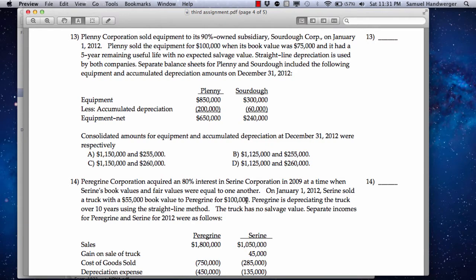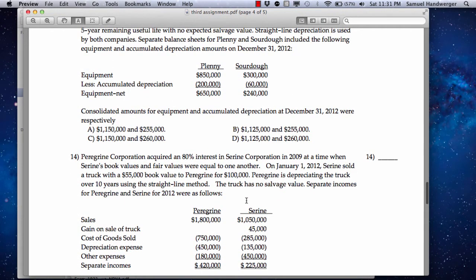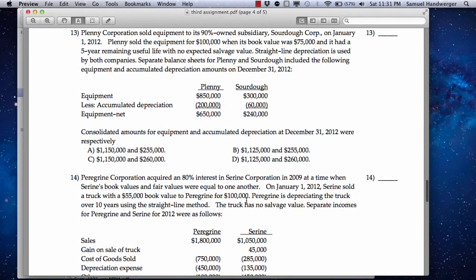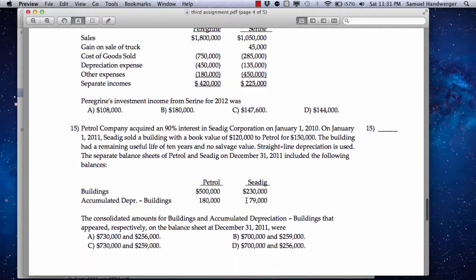You just know what the book value was. At any rate, I'm not going to ask questions like 13 or 14 on the exam. I'm going to let you know if it's net or gross, which would work according to the formula of either knowing what the gross historic value of the equipment was, or if it's the net between the accumulated depreciation, I'll let you know. So I'm not going to ask questions like that.